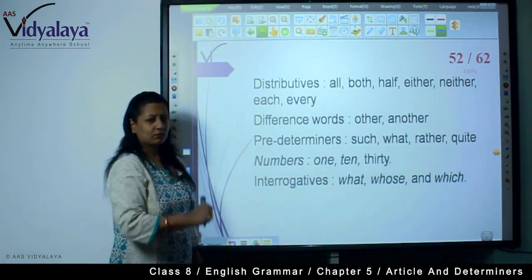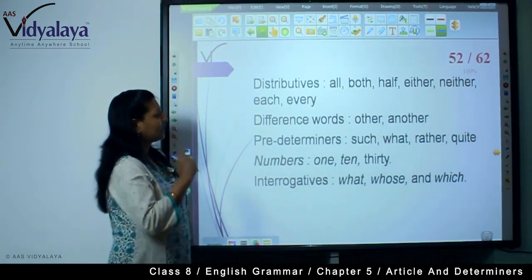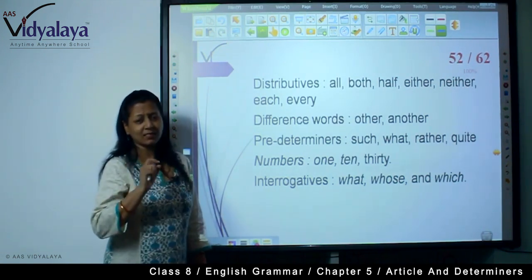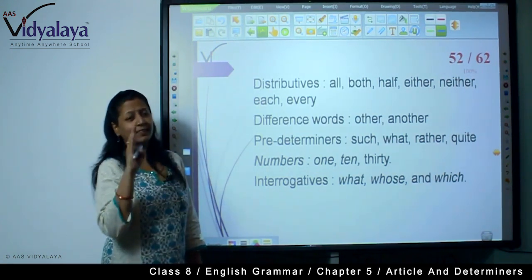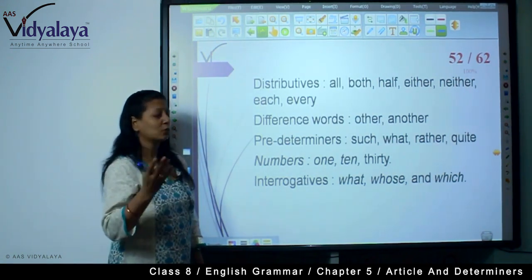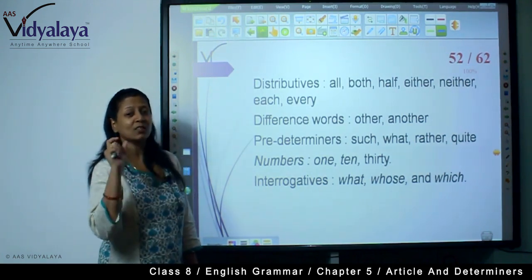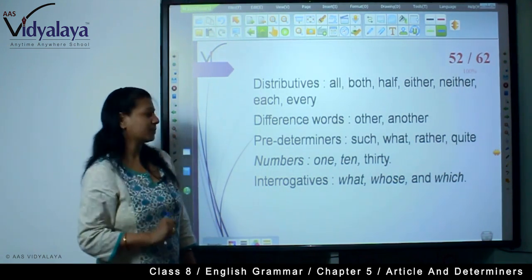Neither Sita nor Geeta. So here a noun is there. Each girl, a common noun. Everyone present in the house, every boy, whatsoever. Always you will find a noun. So next time when we go through these words, you just pay attention to the nouns. You will always see nouns there. So you can easily understand that these are determiners.